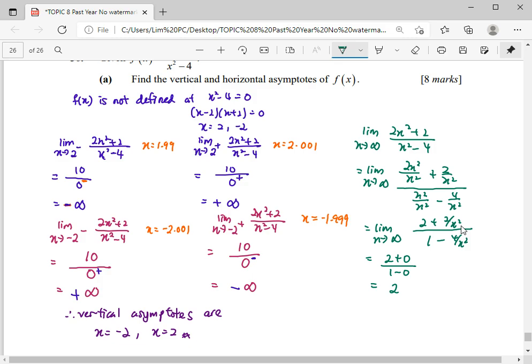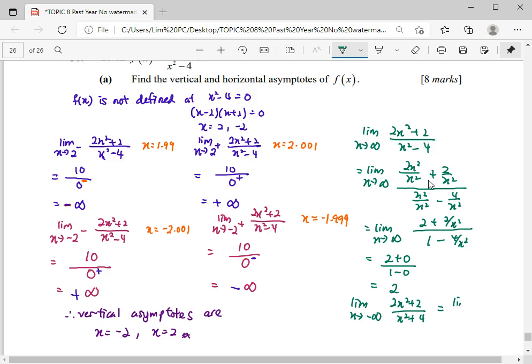Same process, we will go for the limit at negative infinity for our function. We will take our simplified function, because when we put negative infinity, it will be similar to this case.